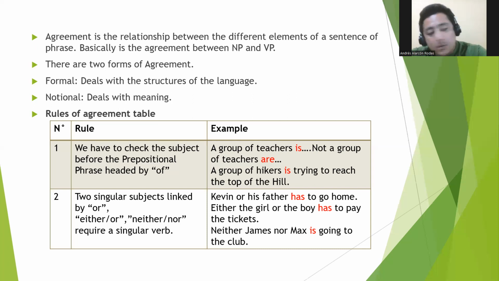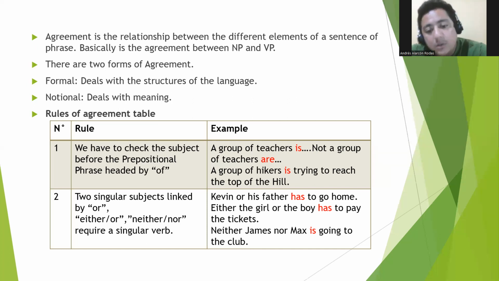Okay. The second rule, two singular subjects linked by or, either, or, neither, nor require a singular verb. Okay, my example. Kevin or his father has to go home. In this case, we have Kevin or his father, so I follow the rule. I need to use a singular verb, in this case, has.